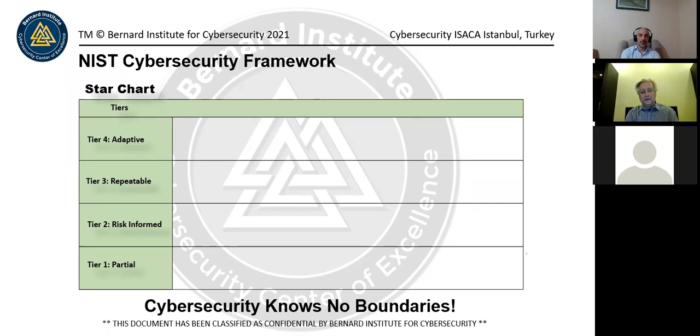However, in the NIST cybersecurity framework, they don't really care that much about maturity per se. They're more interested in how well have you integrated risk management into your business practices. So remember the 23 processes that are part of NIST. Risk management has to be a part of that process in every way.